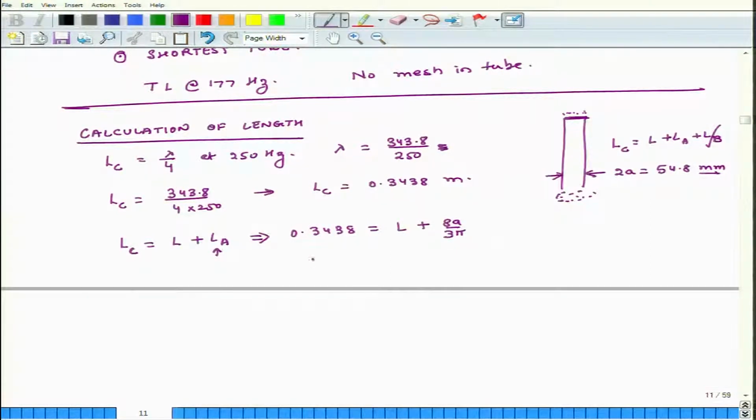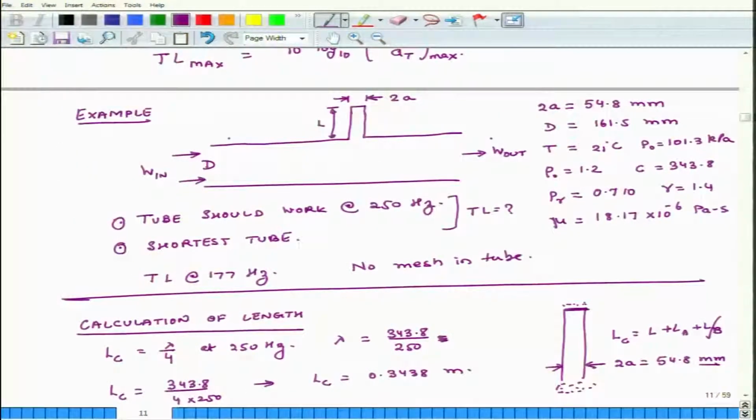If I do all this math, the length of the tube L equals 0.3205 meters. So, if I attach a 32.05 centimeter long tube to this big pipe, it will suck in a large amount of sound energy at 250 hertz. Now, how much is it going to suck in? That is the next thing we are going to compute.